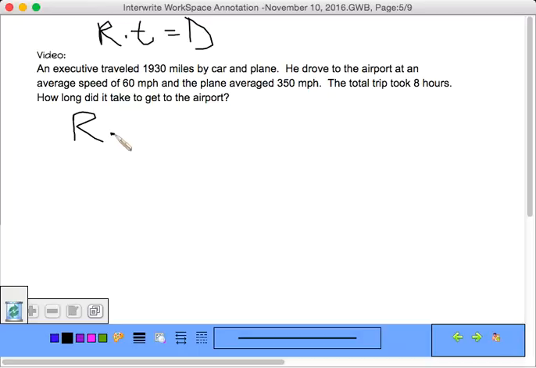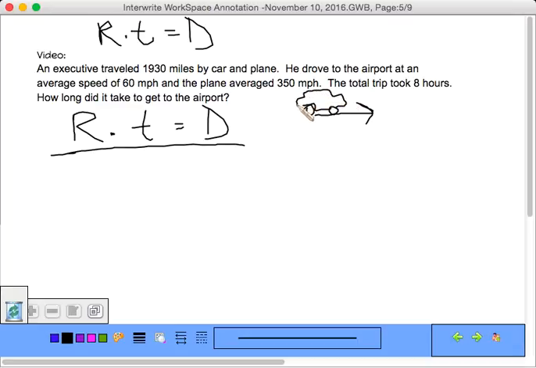Across the top, we want rate times time equals distance. And thinking about our picture, he's driving to the airport, and then once he gets to the airport, he's going to take a plane the rest of the way.